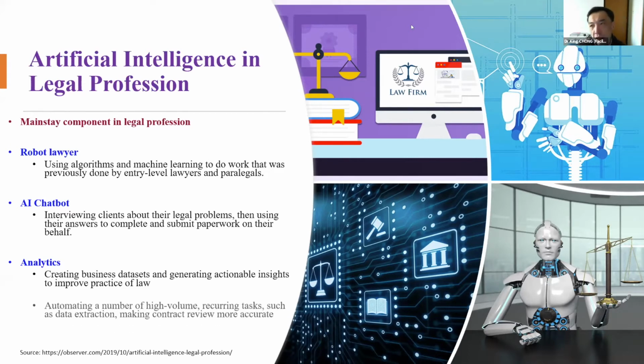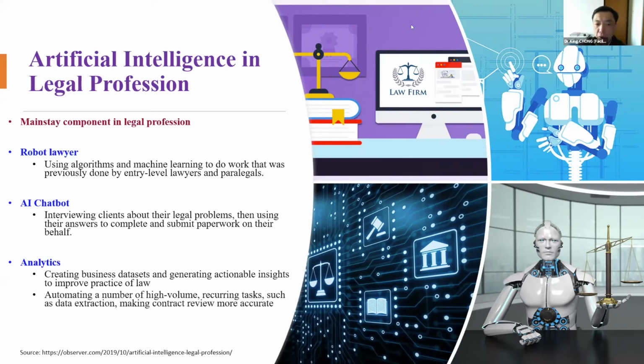They can also automate a number of high-volume recurring tasks such as data extraction and even contract review. Because of machine learning analytics, they can make contract review more accurate, because of AI inside. They can also take a more data-driven approach to the practice of law and make the legal space overall more efficient. So that's the overall picture of artificial intelligence in the legal profession.